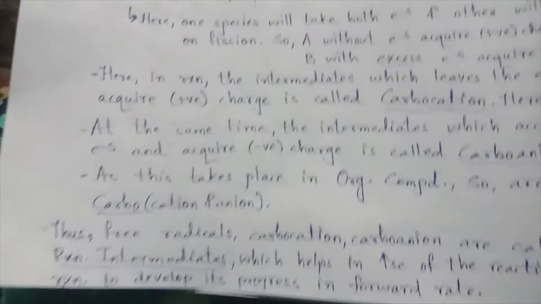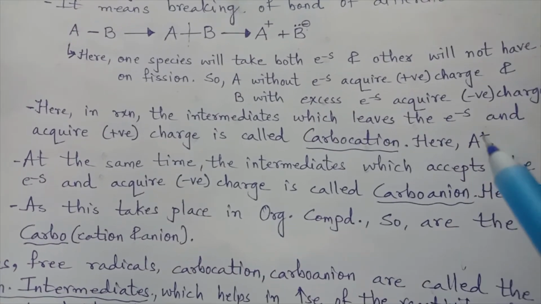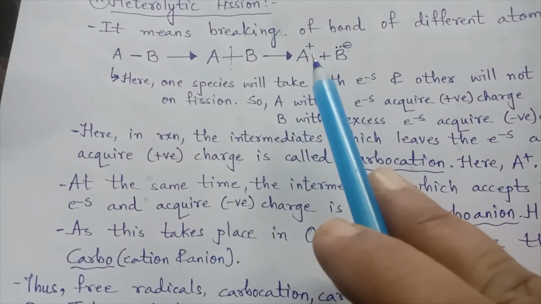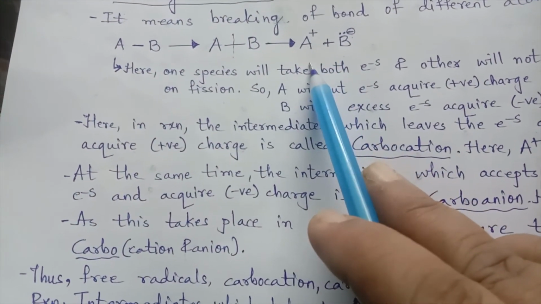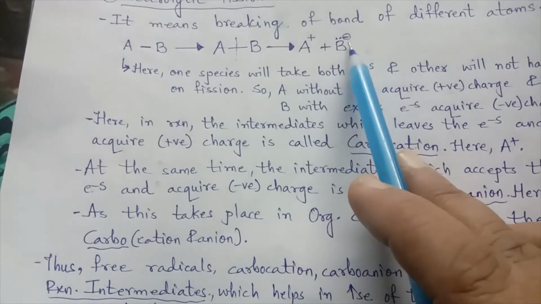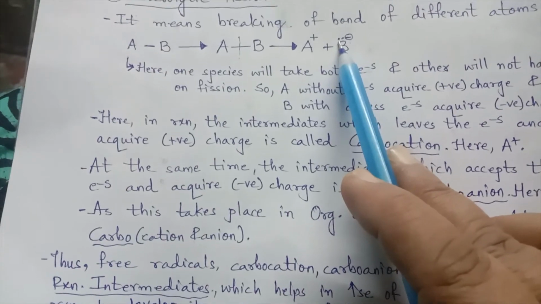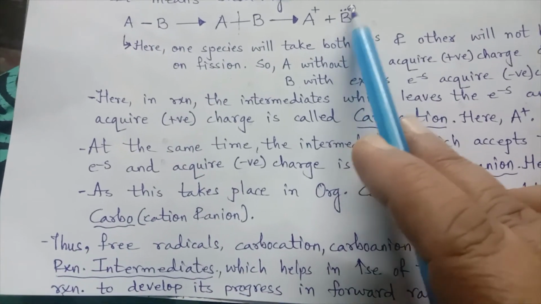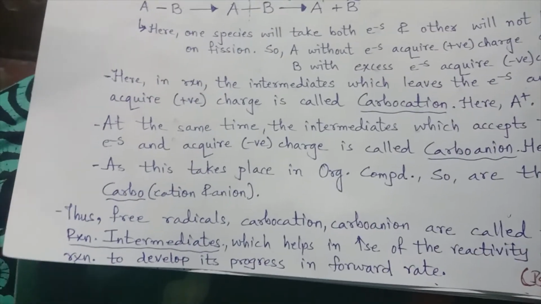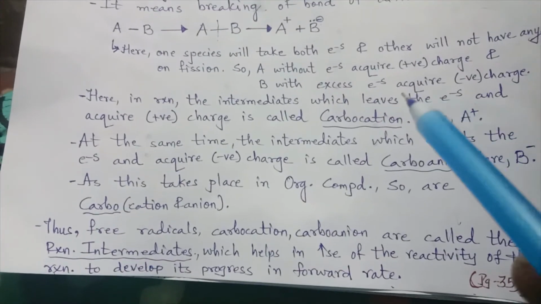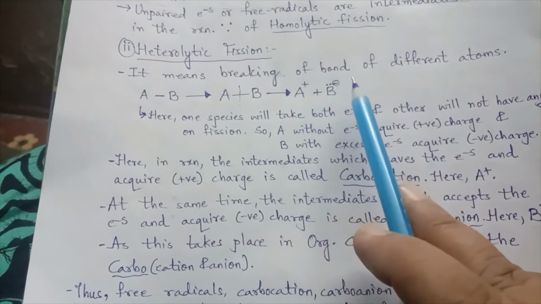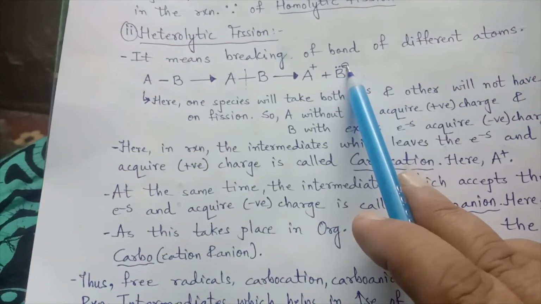So in the reaction, the intermediate which gives away the electrons has a positive charge and is called a carbocation, and the species which acquires the negative charge because of the presence of a lone pair is called a carbanion, right? Donation of electrons gives a positive charge, a cation, and acceptance of electrons gives a negative charge, an anion.